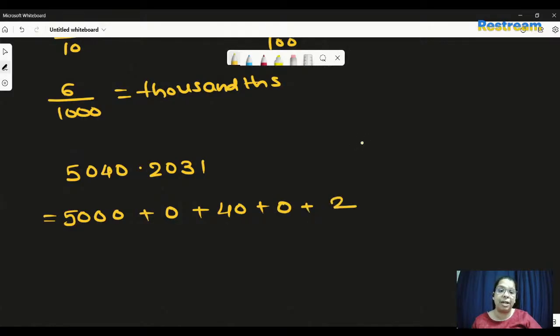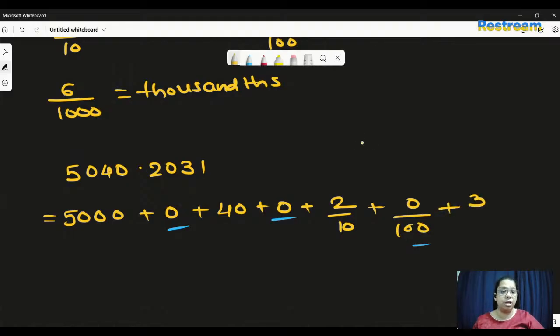Then we have 2 by 10. Now in hundreds place, there is nothing. So we are going to write 0 over 100. This is not required to be written. We are just writing it for practice. So when you are writing your examinations or when you are writing the final answer, you have to remove these zeros. Okay, that is what you have to do.